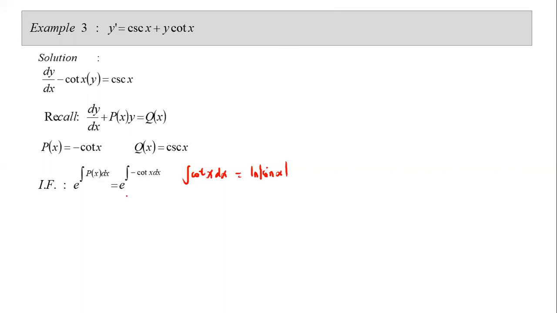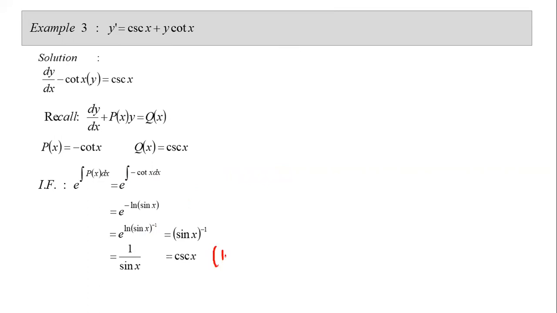So therefore, e raised to the integral of negative cotangent of x dx is e raised to negative ln of sine x. Okay, and then again, by laws of logarithmic function, so you shall have ln of sine x raised to negative 1, or this is sine x raised to negative 1, or this is 1 over sine x, or by reciprocal identity, that's cosecant of x. That is our integrating factor.